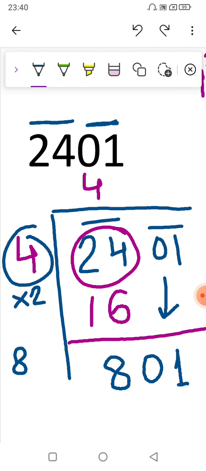See, we have got 8. After 8 there is a space. Now it can be 81 into 1, it can be 82 into 2, 83 into 3. If it is 82 into 2, then 2 over here and 2 over here. So this is how we are going to write it. We will check which digit we can place just beside 8, so that if we multiply, we will get the number closest to 801.